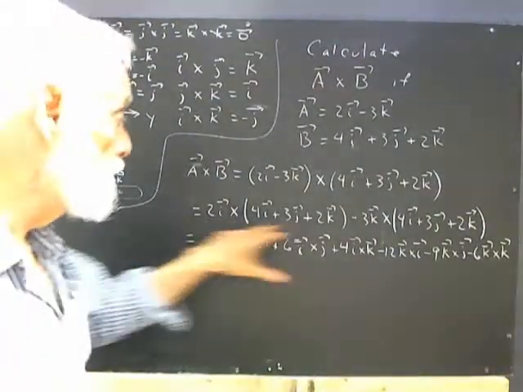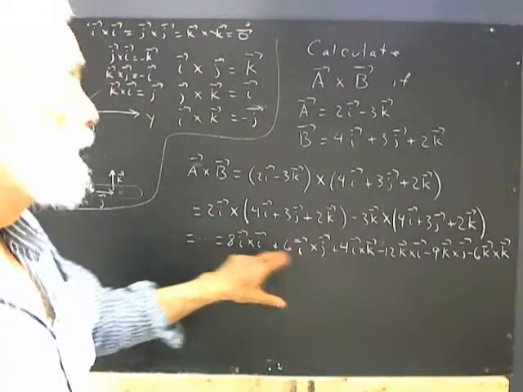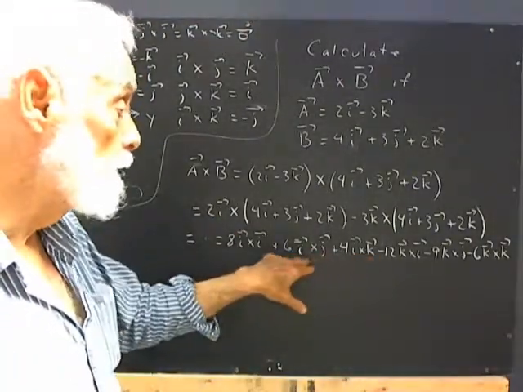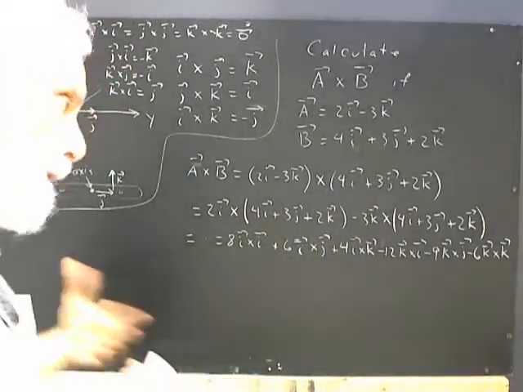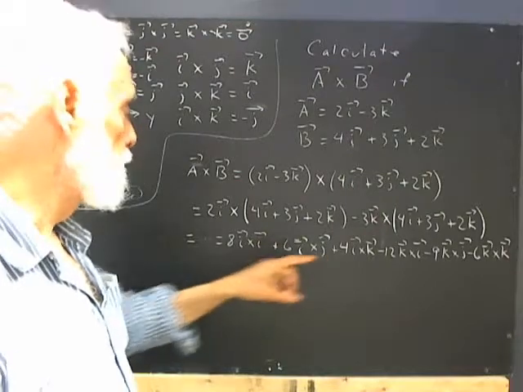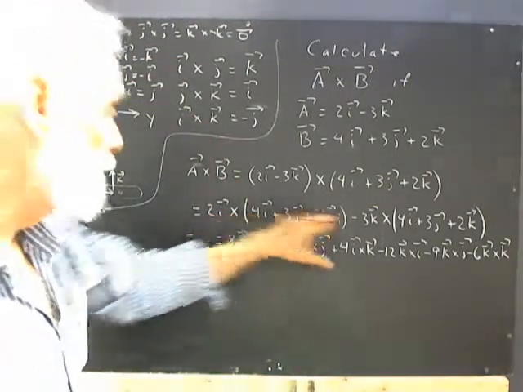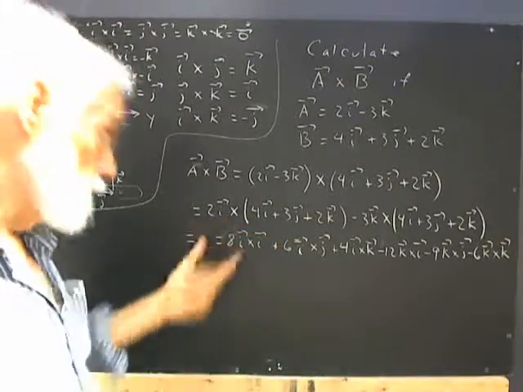And then we can distribute through that. We do have to be careful to keep the order of our cross products in the specified order. Order matters with cross products, as we've just seen here. So we do 2i crossed with this.